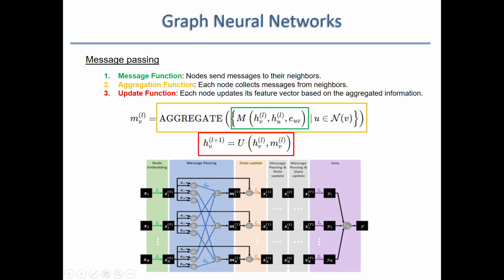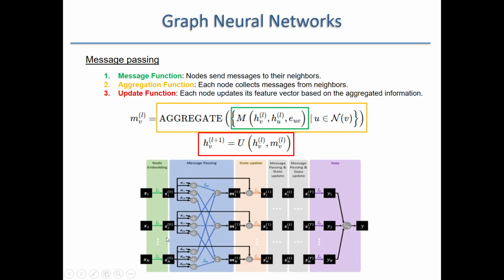There is an update function that takes the hidden state and the message, and then produces the hidden state for the next layer. So the layers are represented by these three processes: message formation, aggregation and retrieval of all the messages, and then updating the hidden state.